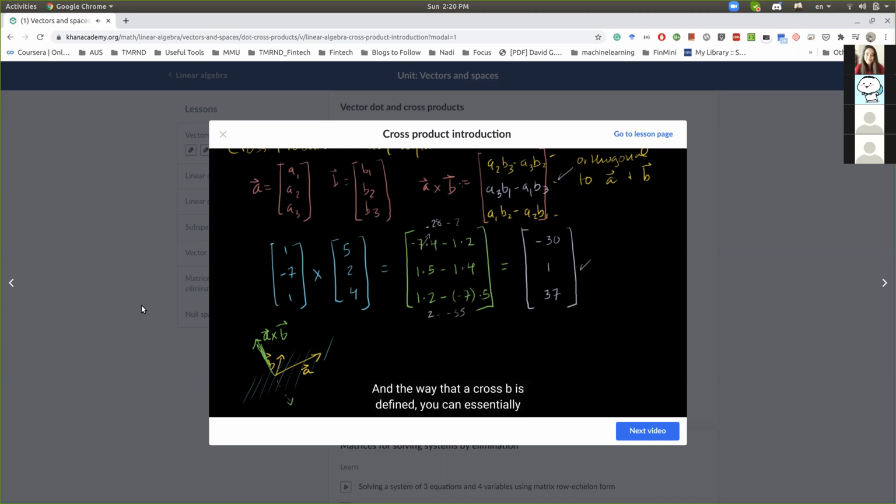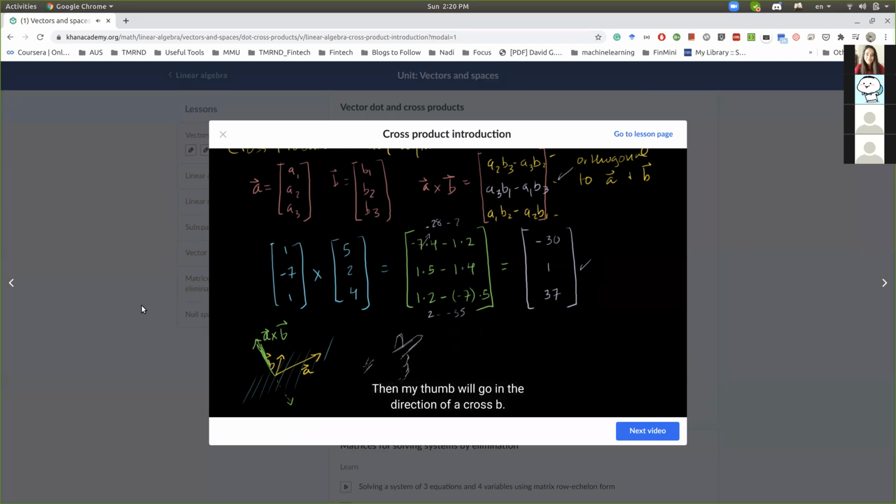The way A cross B is defined, you can figure out the direction visually by using what's called the right-hand rule. The way I think about it is you take your right hand, and let me see if I can draw a suitable right hand. Point your index finger in the direction of A, and point your middle finger in the direction of B. My middle finger is going to go something like that, and my other fingers do nothing.